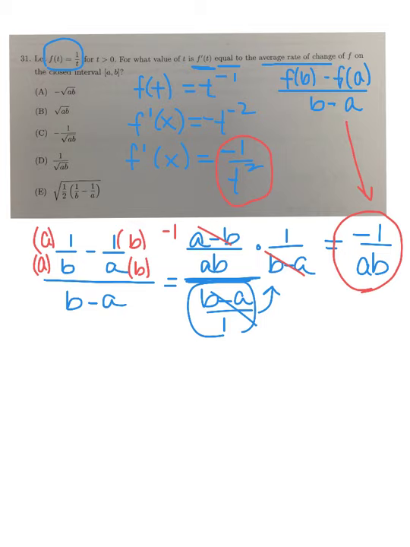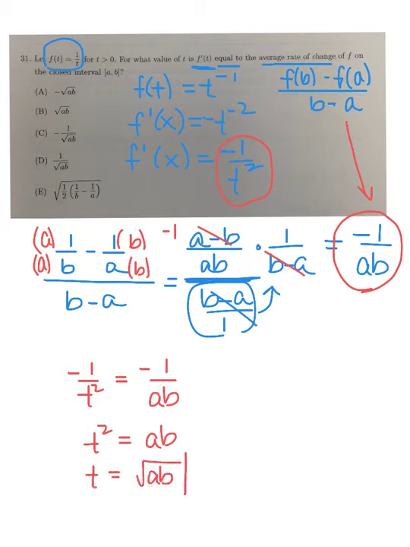All right, so I've got negative 1 over t squared, and I'm going to be setting that equal to negative 1 over ab. Well, I can get rid of the negatives, and I'm just going to cross multiply. So I essentially have t squared equals ab, which then means t is equal to the square root of ab. And there's my answer, and my answer is choice B.